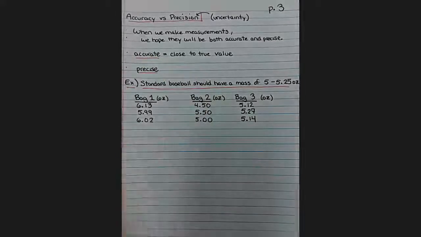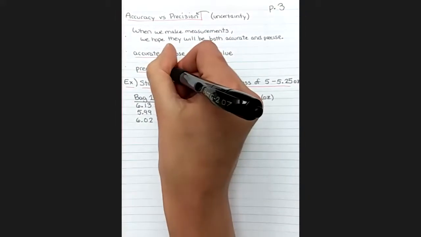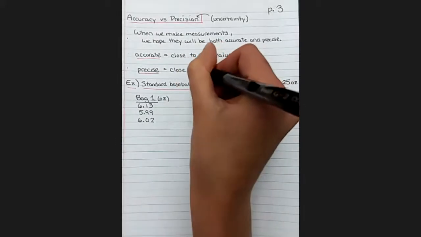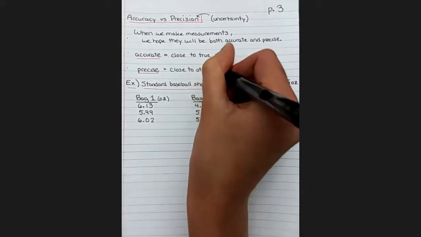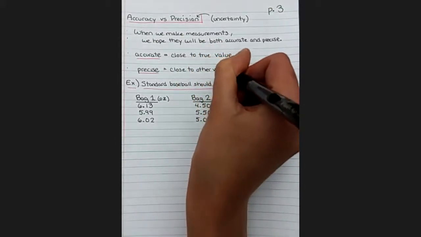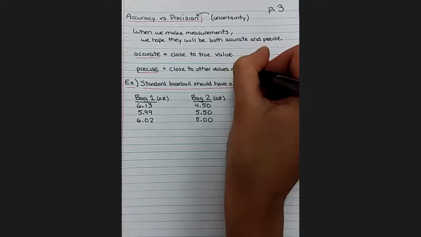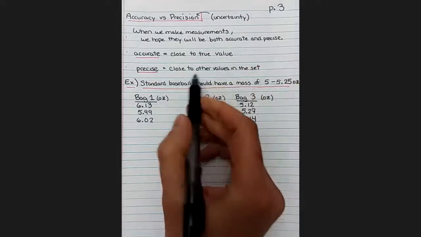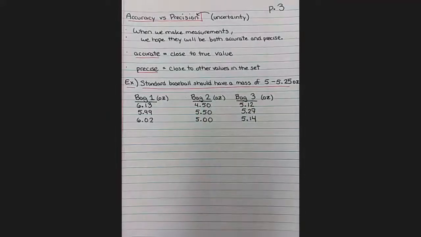If something is precise, that means that it is close to the other values in the set. So technically, precision is only for several measurements. You're trying to say whether those measurements are all close together.